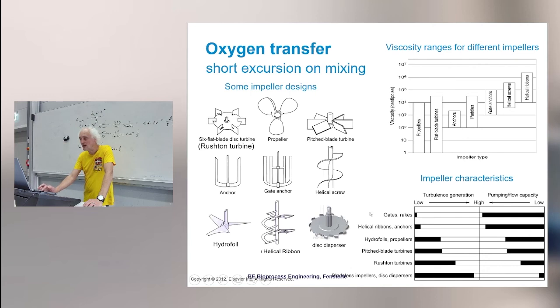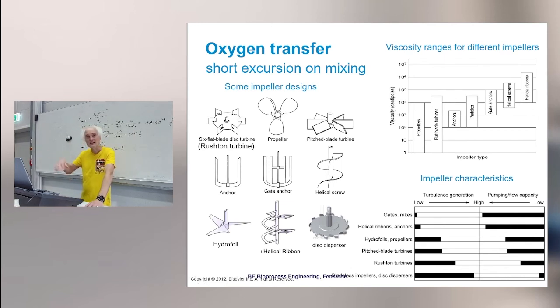These gate and rake impellers have very low turbulence generation, but they have a very high pumping or flow capacity, and therefore they're good if you have a high viscosity. There you need to have this capacity. However, of course, oxygen mass transfer is limited, because you cannot generate this turbulence. But that is also impossible in highly viscous fluids.